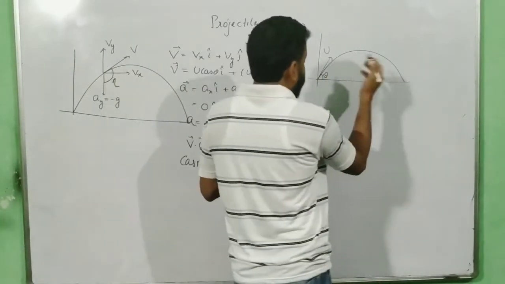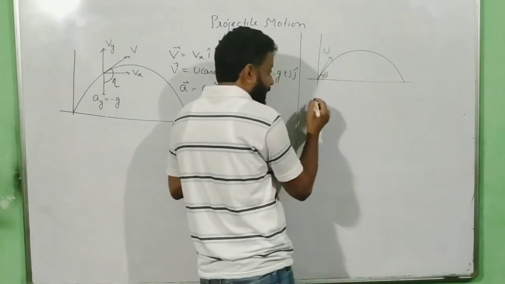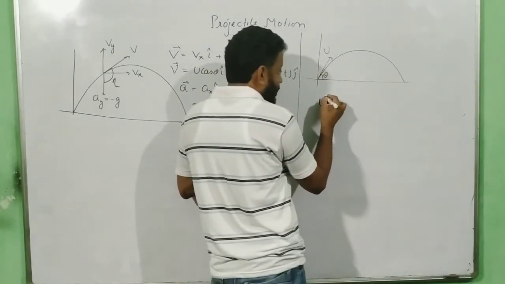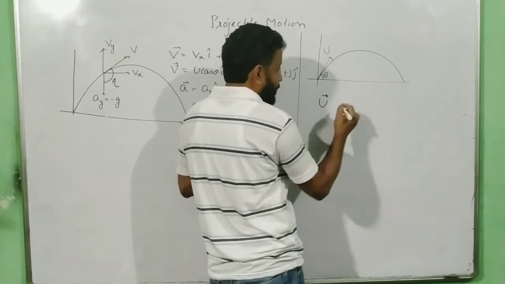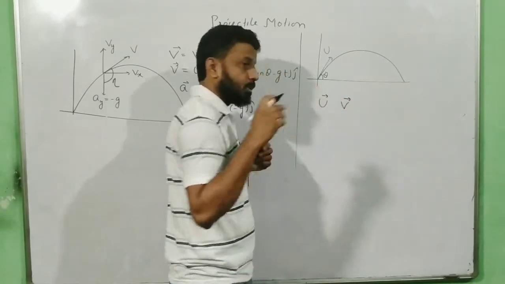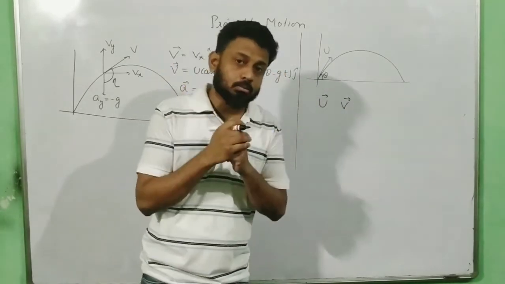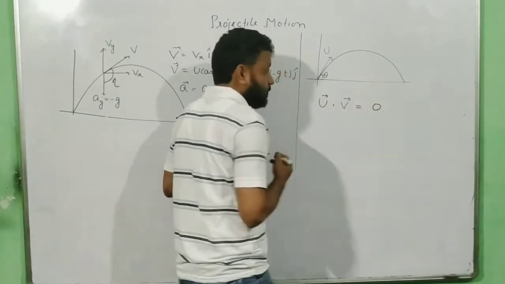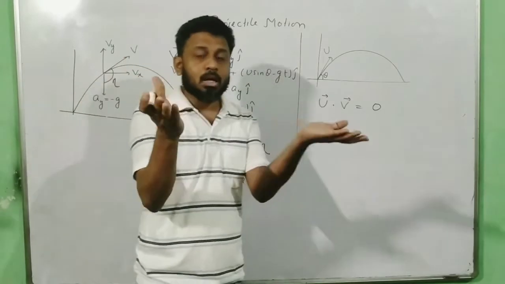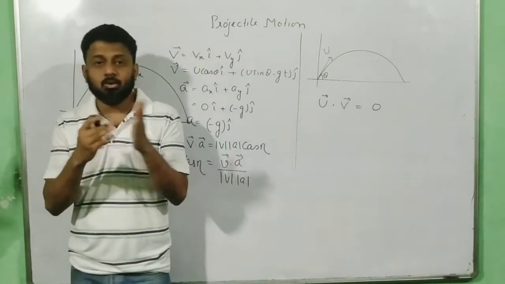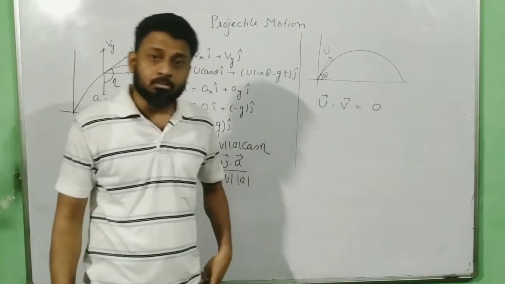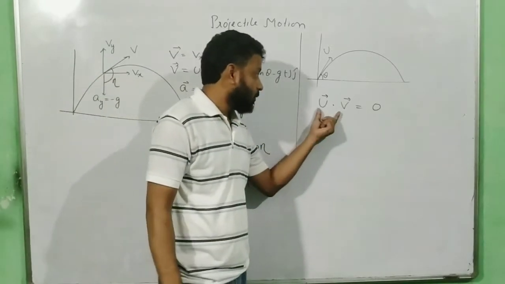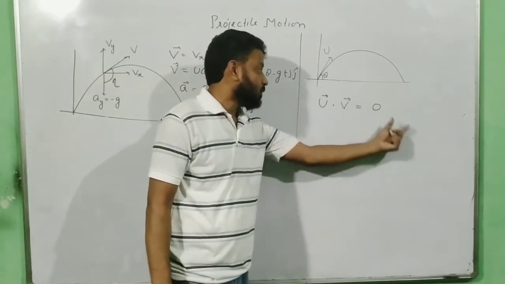I don't know that yet, but I know one thing: if my initial velocity is u and final velocity is v, and as per the question the angle between them becomes 90 degrees, that means the dot product between them must be equal to 0, because when two vectors are perpendicular to each other, the dot product becomes 0. That is the whole idea here: u dot v must be equal to 0.